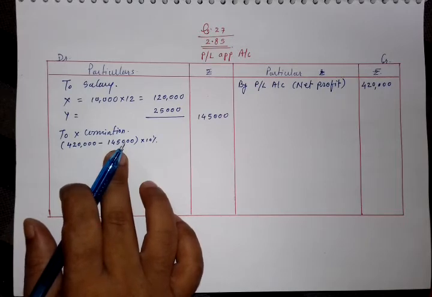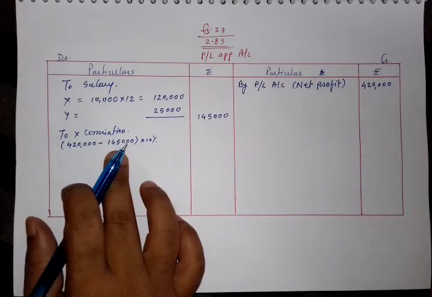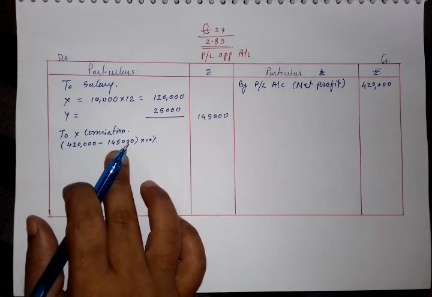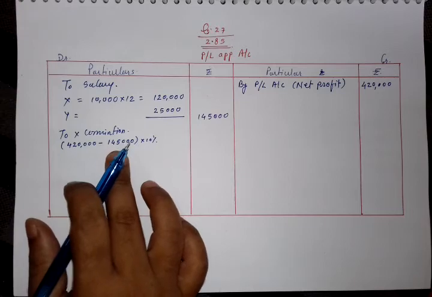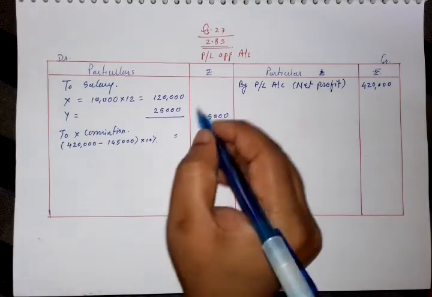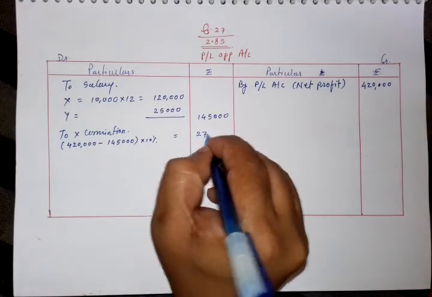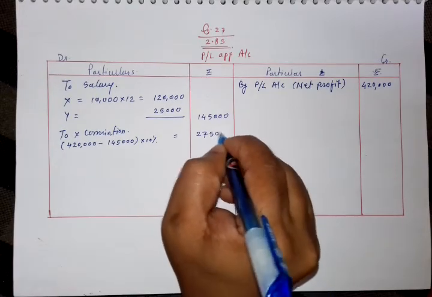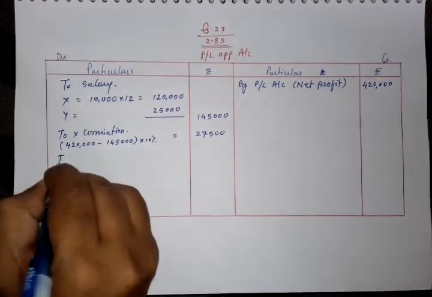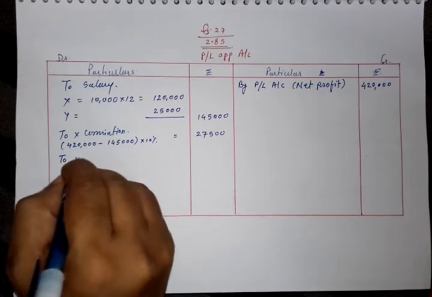Because according to the question, the commission is 10% of the net profit after the partner's salary but before charging commission. That's why I subtracted 1,45,000. So we will have 27,500.